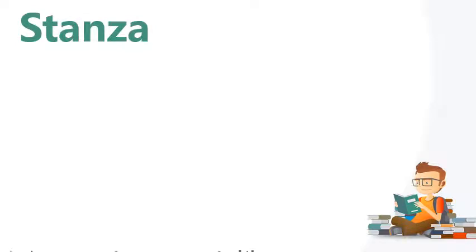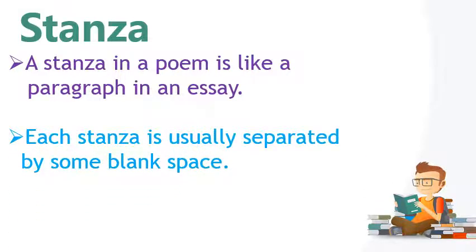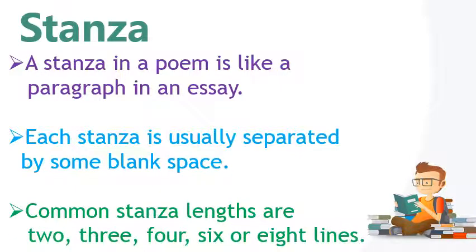Now we are going to do the stanza. The stanza in a poem is like a paragraph in an essay. So how do we show a paragraph? We leave lines open between them. Good. Each stanza is usually separated by some blank space, or you leave a line or two lines open. Common stanza lengths are 2, 3, 4, 6, or 8 lines.